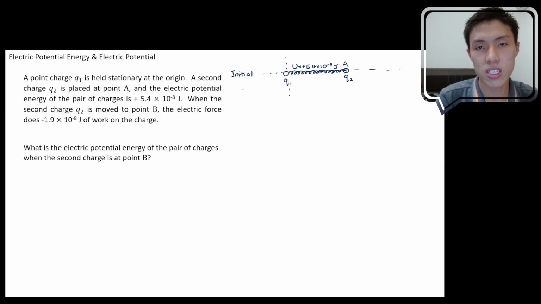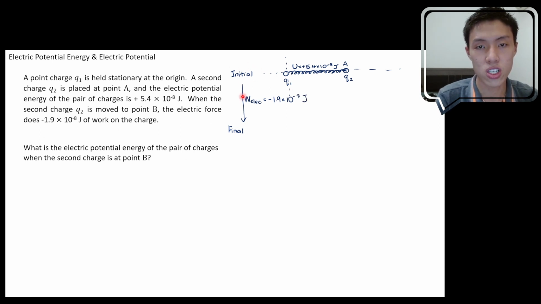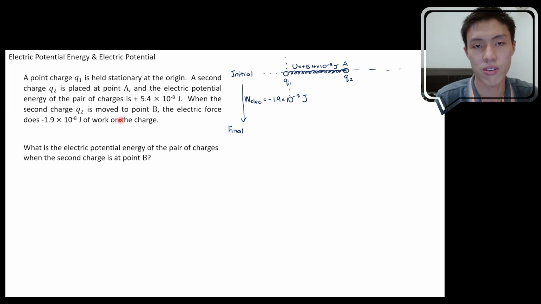So from the initial situation to the final situation, there is work done by the electric force amounting to negative 1.9 times 10 to the power of negative 8 joule. We know it is work done by the electric force because they say the electric force does this amount of work.